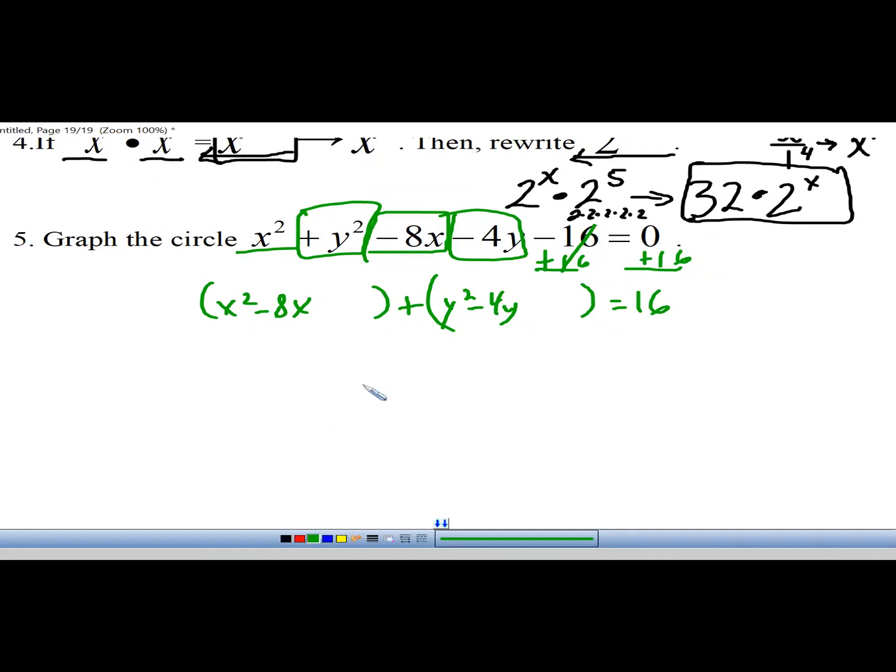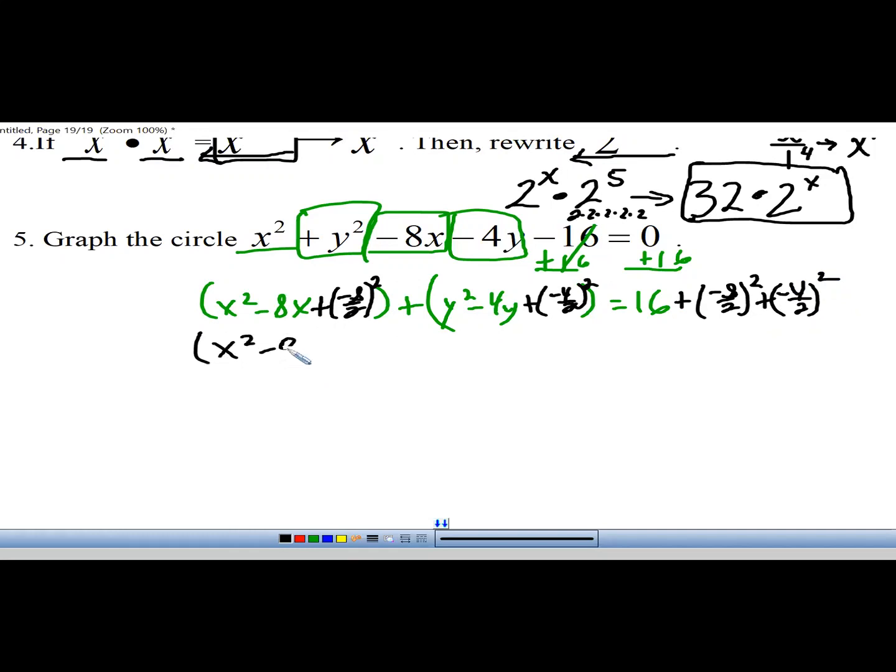All right, so complete the square. How do we complete the square here? Oh, that's negative 8 over 2 squared. We do that to both sides, negative 8 over 2 squared. And here, negative 4 over 2 squared. Add negative 4 over 2 squared to each side. All right, so let me simplify this.